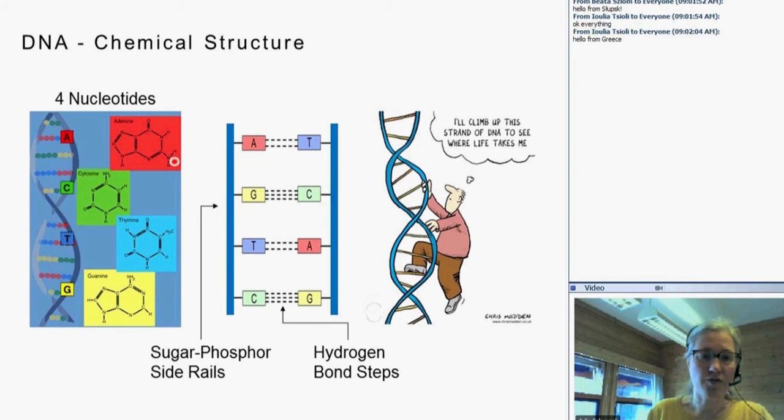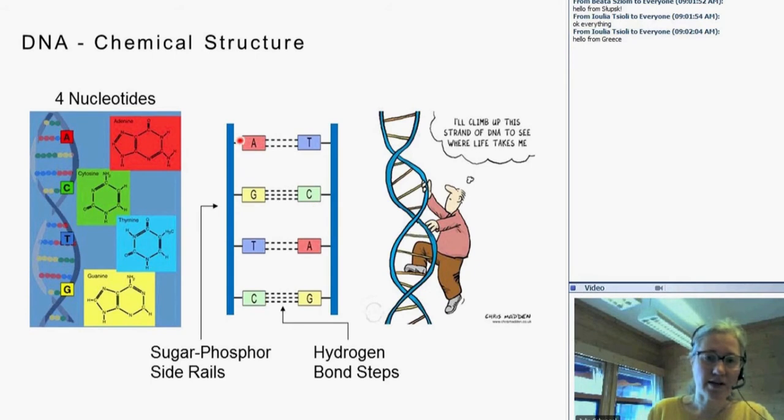DNA consists of 4 nucleotides: adenine, cytosine, thymine, and guanine, or in short, A, C, T, and G. These 4 nucleotides fit together so that adenine fits together with thymine, and guanine fits together with cytosine. So adenine, or A, can never connect to C, and T can never connect to G.